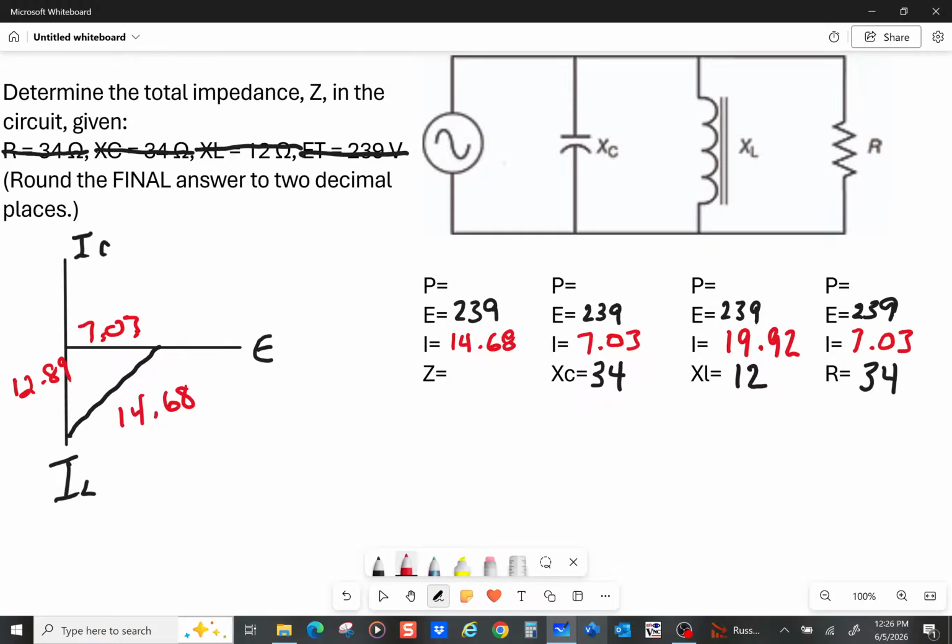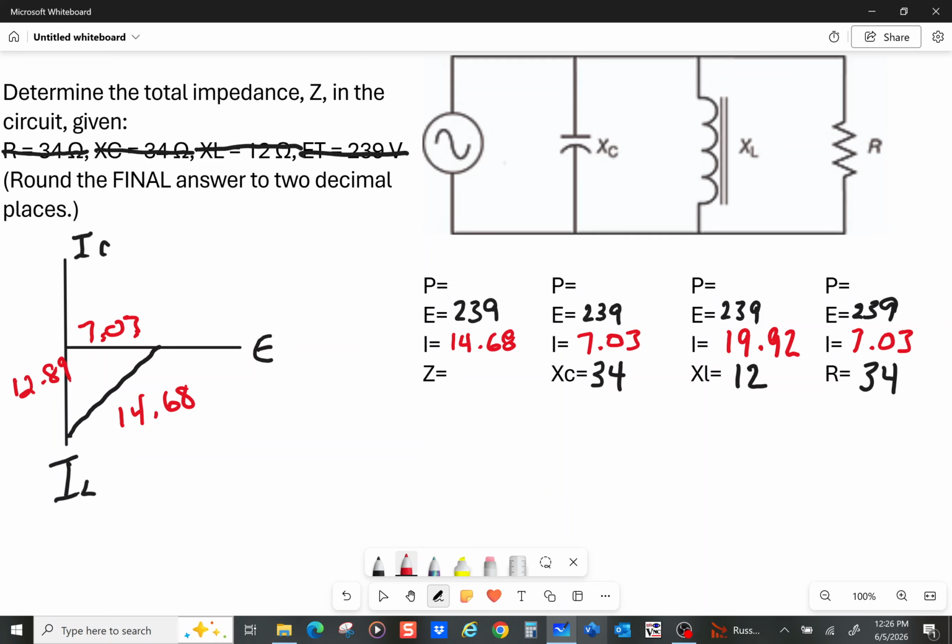That is because, and the math's right, I have circulating current between my inductor and my capacitor. So my inductive current, being 180 degrees out of phase with my capacitive current, does get canceled out with that 7.03. So the math still works. Everything's still fine. Don't panic.